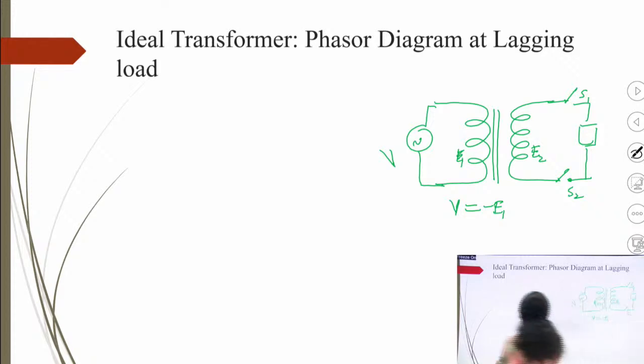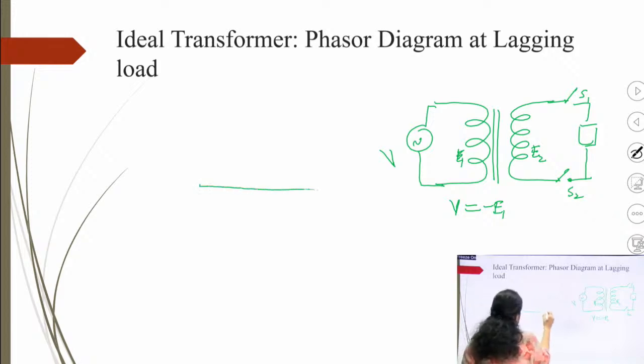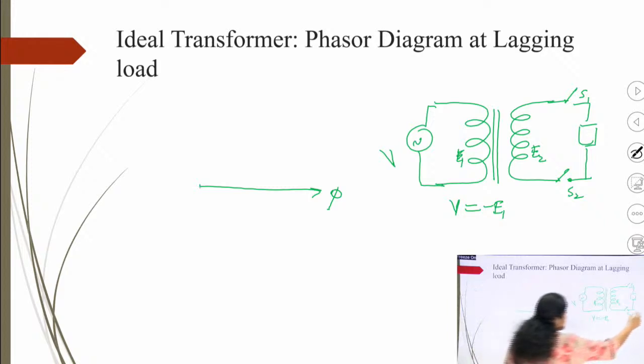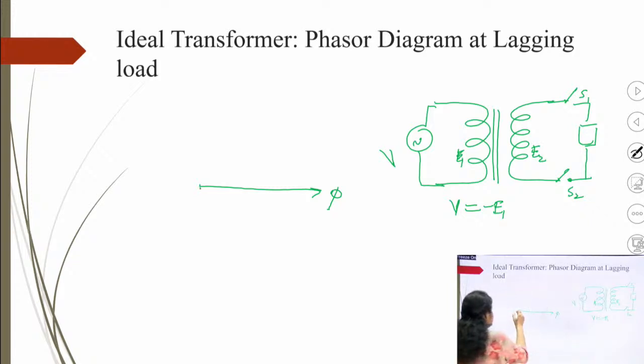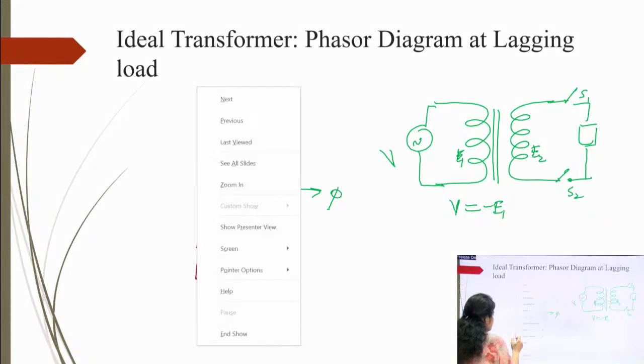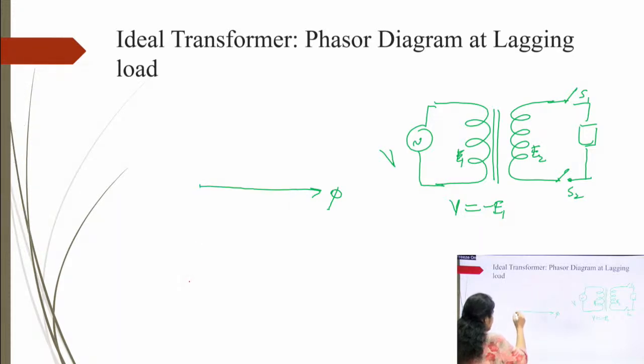First just draw the flux, I have taken flux as the reference. Due to this flux, E1 will be induced. This E1 will be lagging behind the flux by 90 degrees.